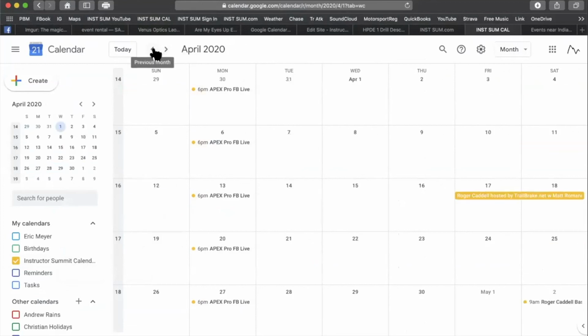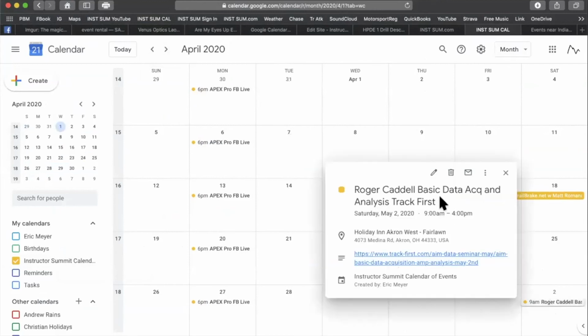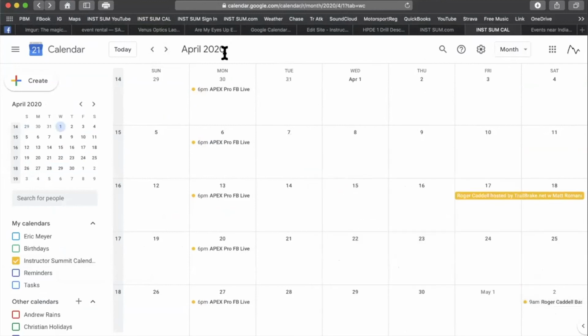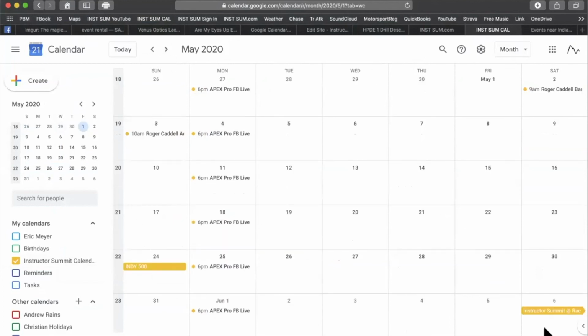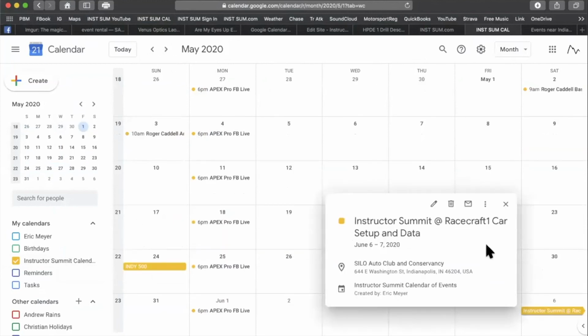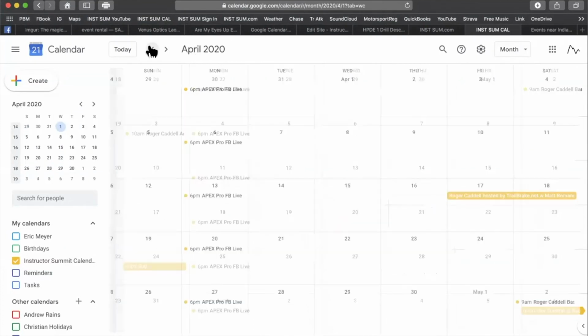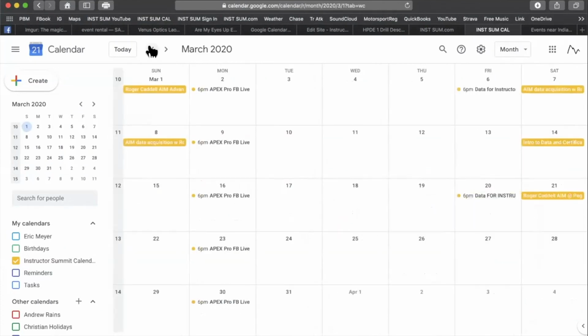These aren't instructor DE days. It's Matt Romanowski doing an event with Roger. And here's another one with Roger in Cleveland, right? Here is another one with Sims working on setup in Indianapolis. There is a lot in March, as you can see here.